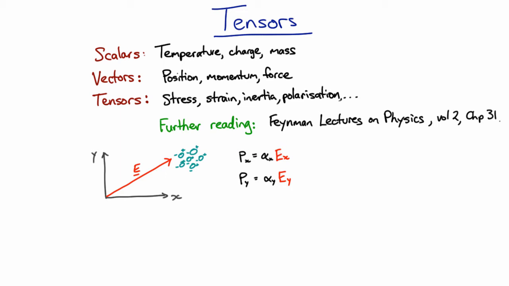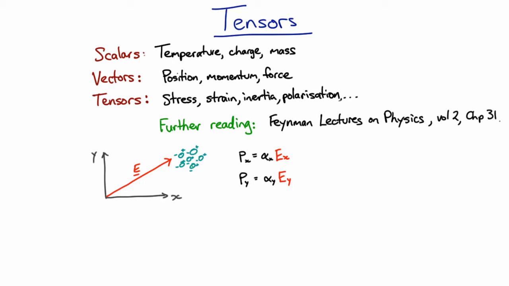Now the question is, of course, what happens when these two proportionality constants are different? Now in something that is very unstructured, that's kind of unusual, but if I was to have, say, a large number of polymers, they might have particular directions. And if they have particular directions, then you can imagine, if they're arranged in a particular way, that they might be easier or harder to polarize in one direction compared to the other.